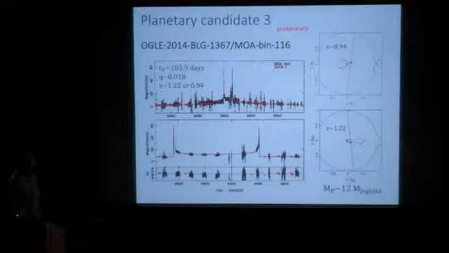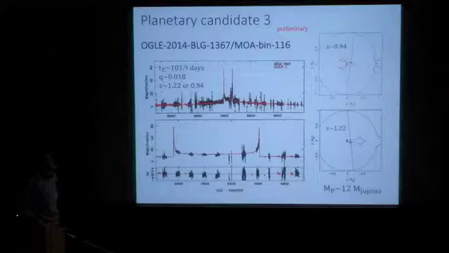This is the third planetary candidate, OGLE-2014-BLG-1367, or MOA-bin-116. This event was also alerted by OGLE, but with more data we could get the best fit model with a planetary mass ratio of 1.8 times 10 to the minus 2. And this event has close-wide degeneracies and further investigation is needed.